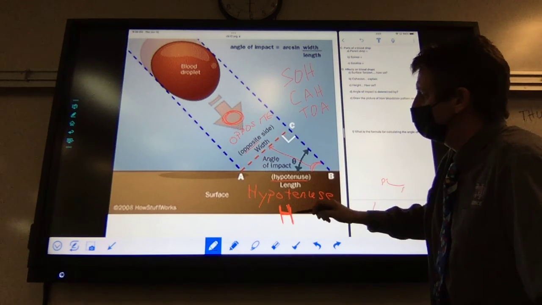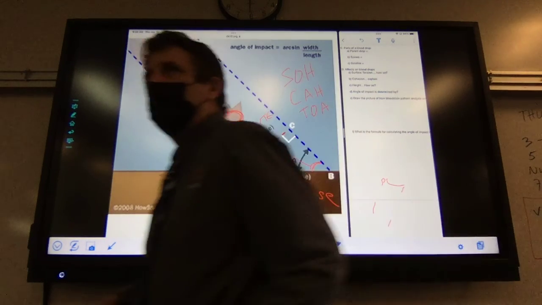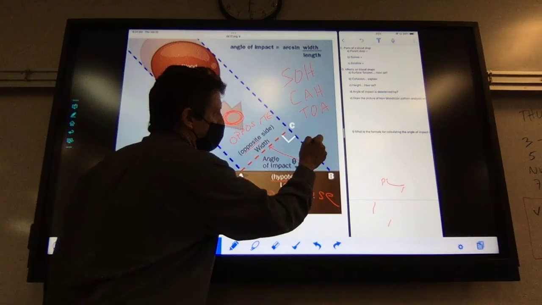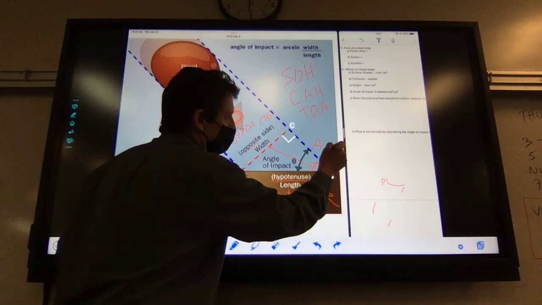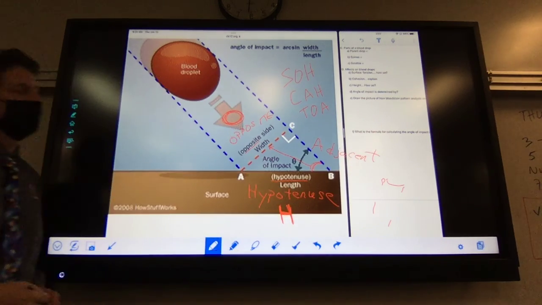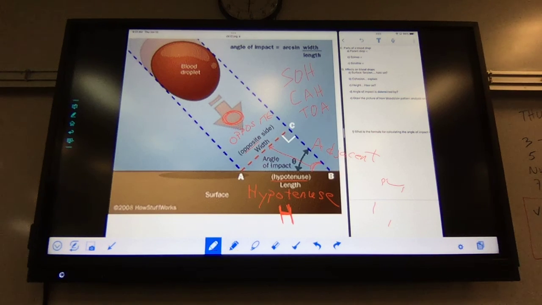The opposite over the hypotenuse. Those are acronyms that help you remember what trigonometry is. And so we're just focusing in on the sine right now. So this other side right here is the A, and it stands for the adjacent. And we're going to deal with that later when we're dealing with the angle of impact for bullets. And we're calculating the height off the ground. Then we get into the tangent function.